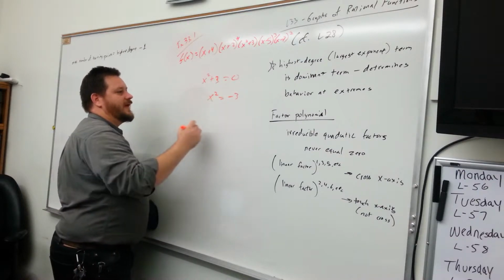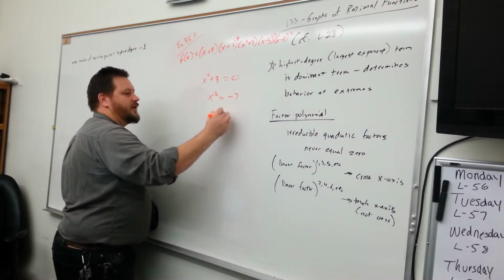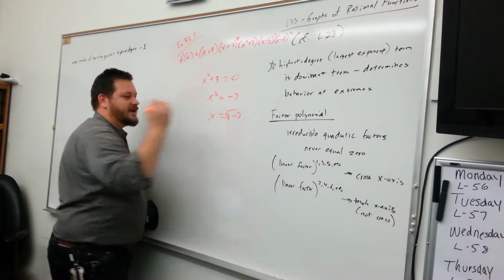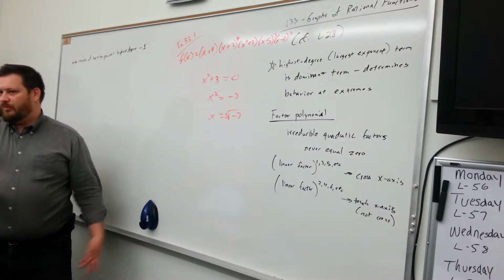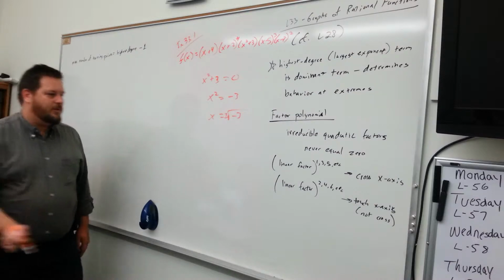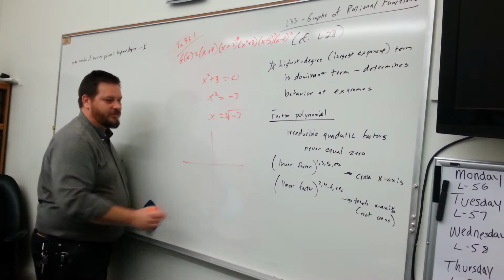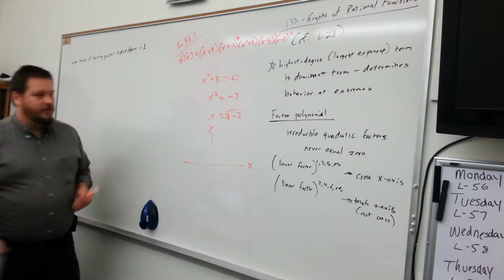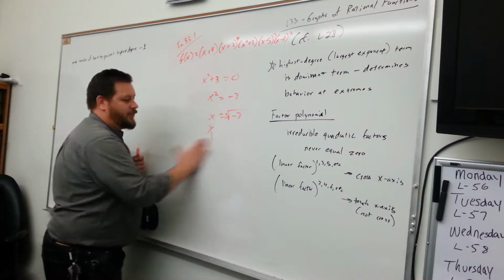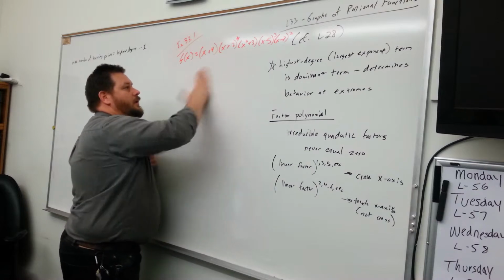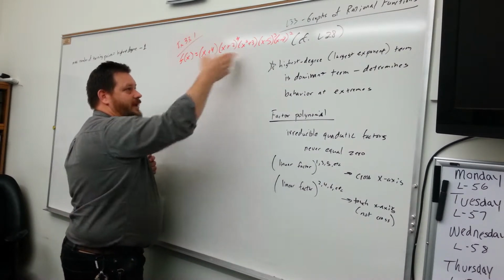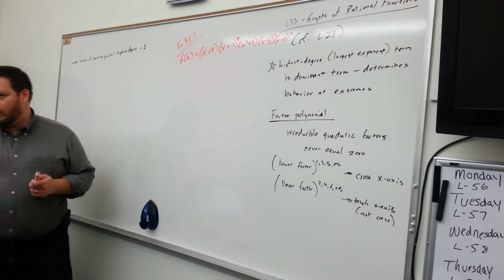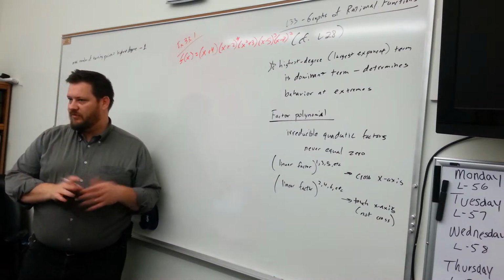Well, you could do that and then square root both sides, and you'd have plus or minus the square root of negative 3, which is an imaginary number, and we're not dealing with that. We're trying to deal with 2 dimensions, real x's and real y's. So in graphing polynomials, if we have an irreducible quadratic, it is never going to equal 0, because we're only talking about real numbers.